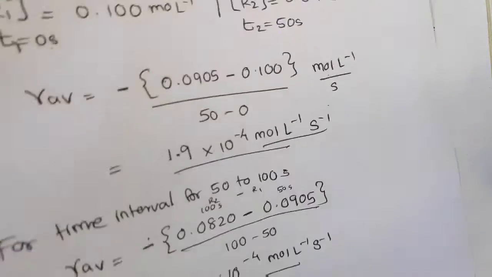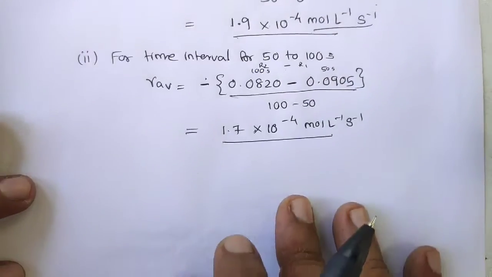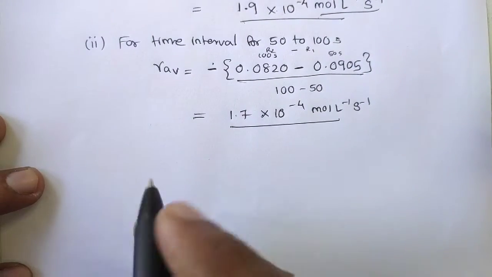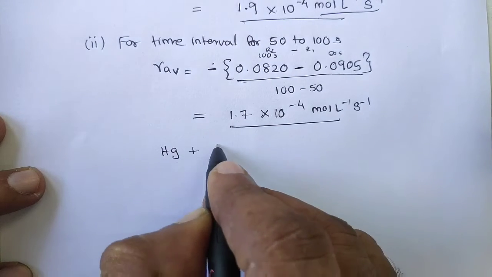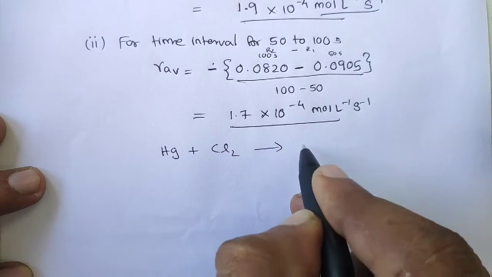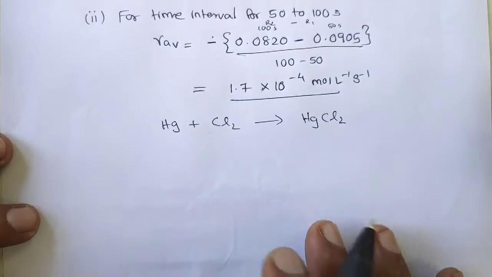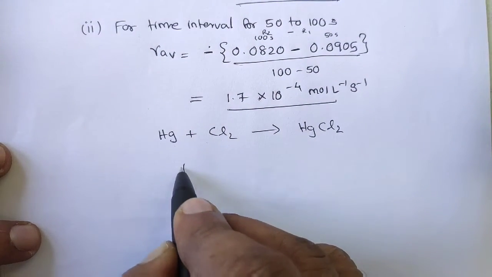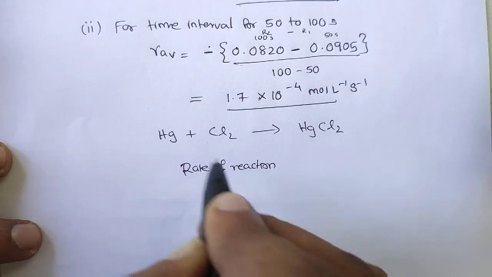Suppose the reaction is given like this: Hg plus Cl2 gives HgCl2, right?